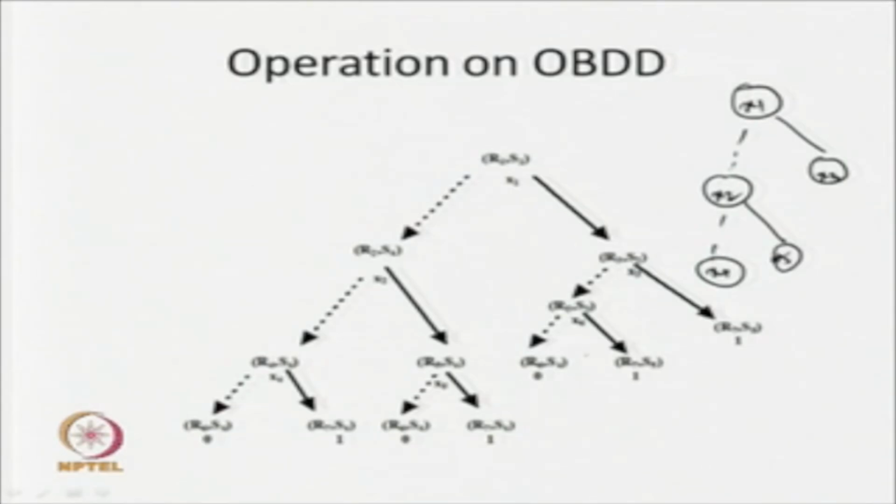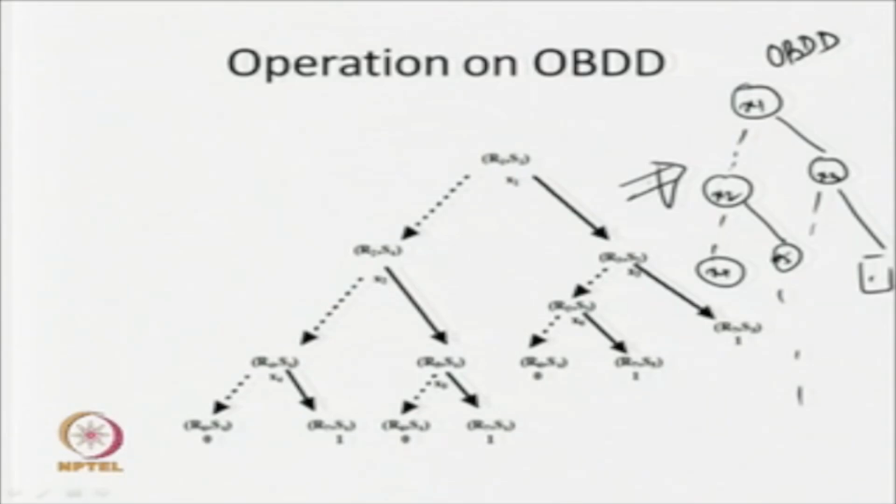Okay. Like that I am getting the dashed line and the solid line. So, this solid line will come to 1. So, like that I can construct the BDD. So, I am getting a BDD and this is basically an OBDD. I am getting this OBDD from this particular structure.